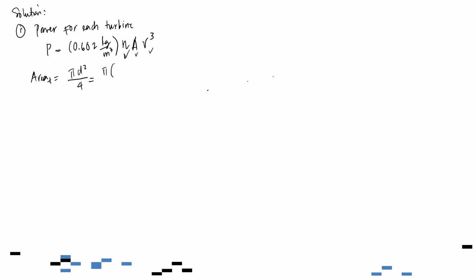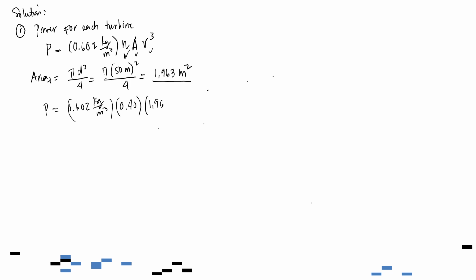So pi, and the diameter is given as 50 meters, squared over 4, is equal to 1,963 square meters. So this is the area now. So we can calculate the power of each turbine, which is 0.602 kilogram per cubic meter times efficiency of 0.4 or 40% times 1,963 square meters times the velocity of 10 meters per second cubed.